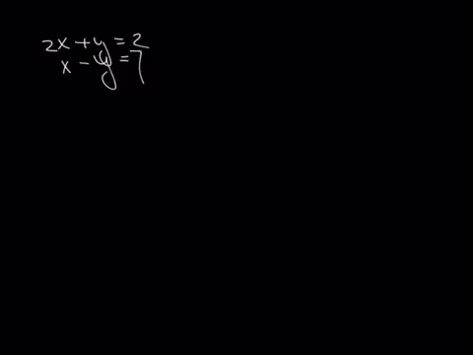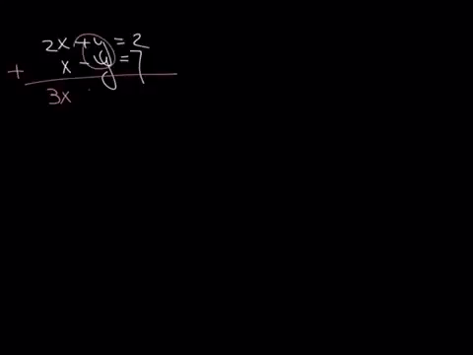So, if you remember, draw a line there, and we're trying to eliminate one of the variables. It doesn't matter which one. But in order to eliminate them, one of the variables has to be positive and one has to be negative, because what we're going to do is add them. So in this case, we're going to get 2x plus x.